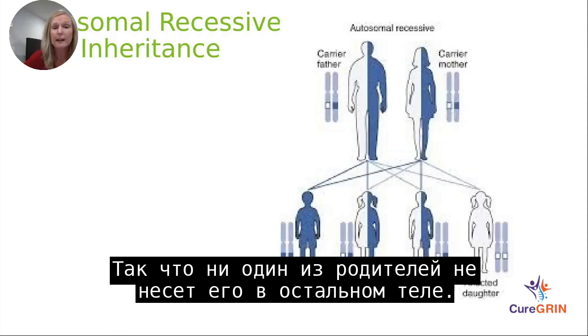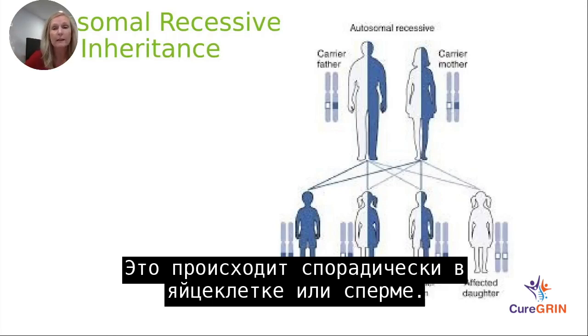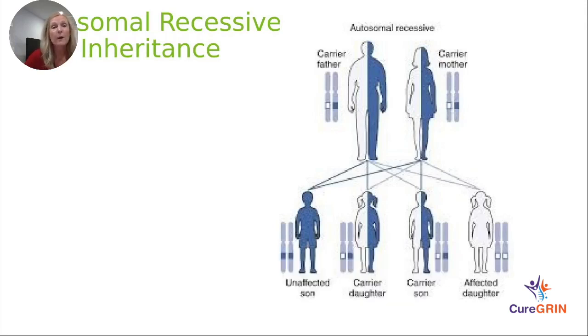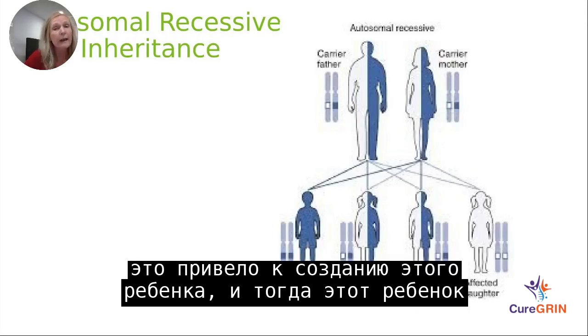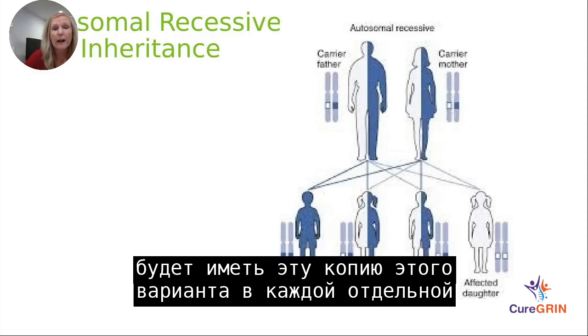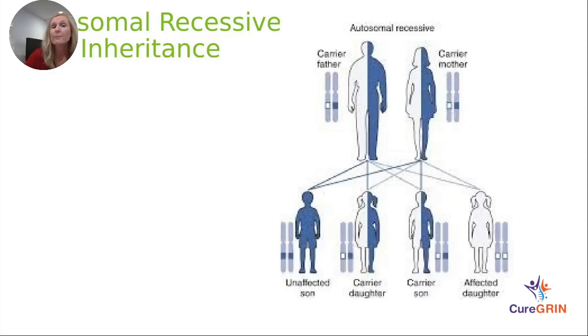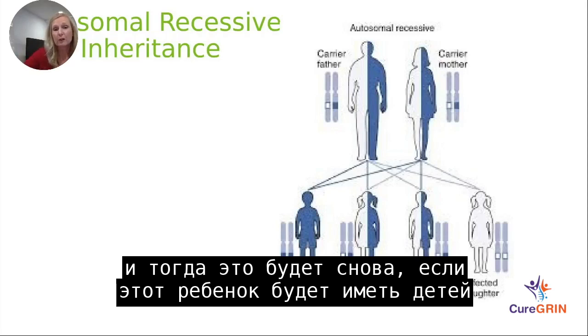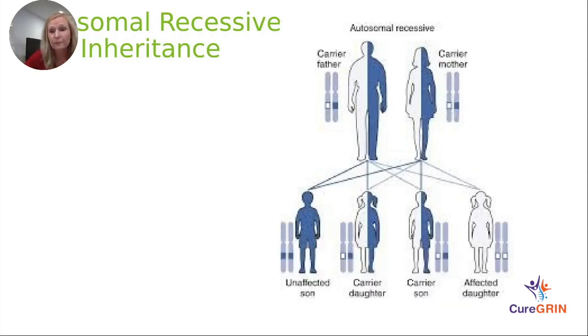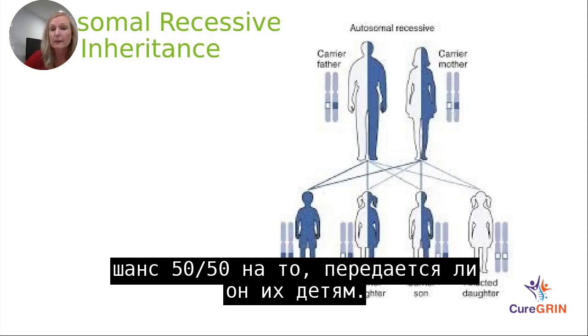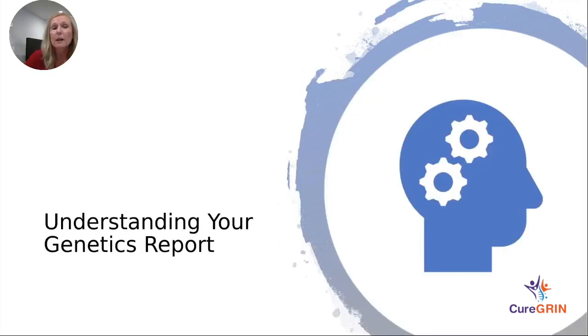So neither of the parents actually carries it in the rest of their body. It just happens sporadically in that egg or sperm that went on to make that child. And then that child will have that copy of that variant in every single cell of their body. And then, again, if that child goes on to have children, it would be a 50-50 chance of whether it gets passed on to their children.